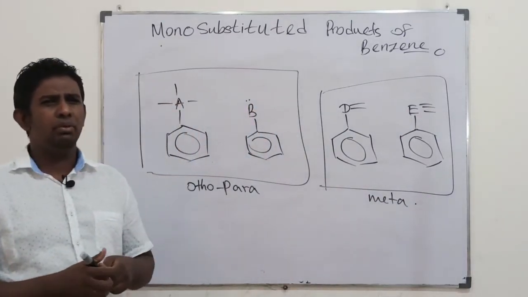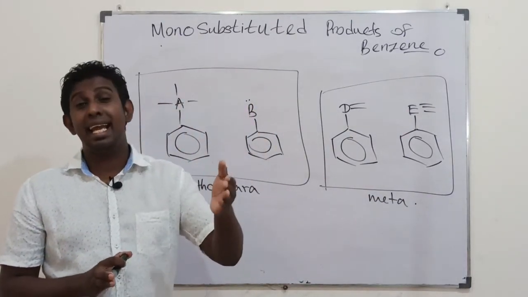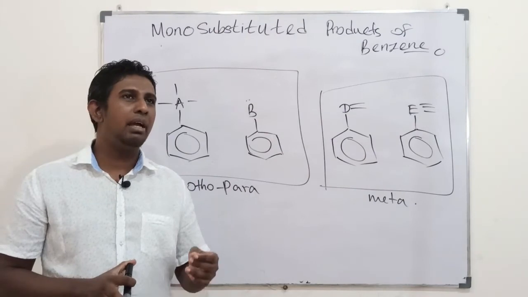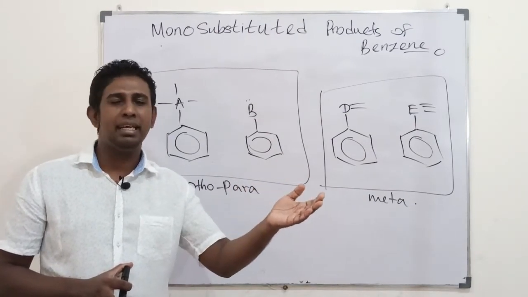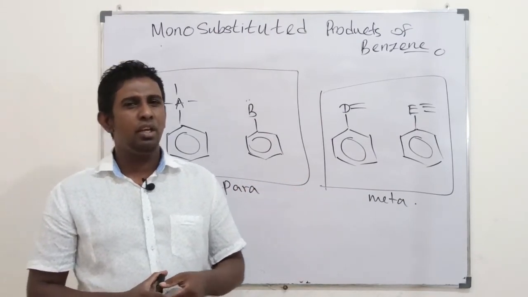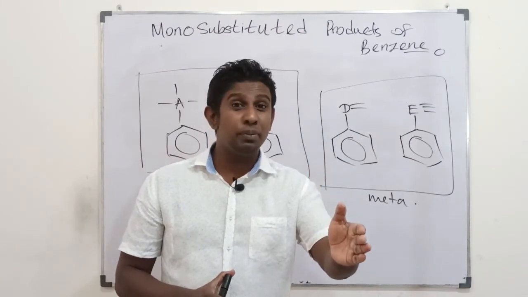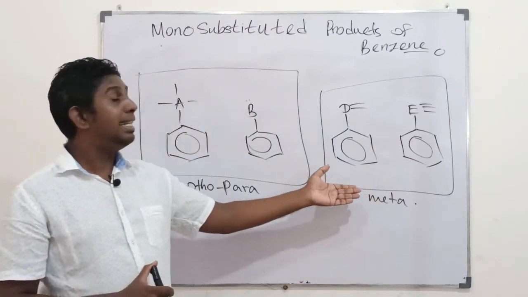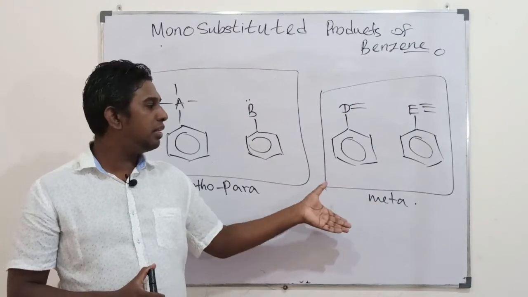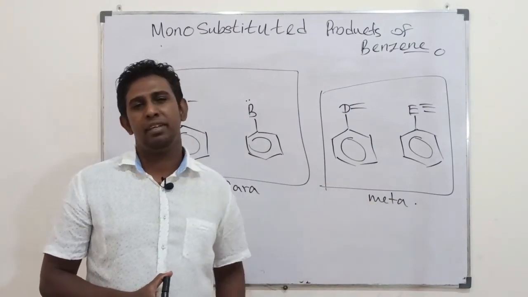That's right. When the straightly attached atom on benzene has either double or triple bonds, it's a meta-directing group. Then further, all the meta-directing groups are deactivating groups of benzene.